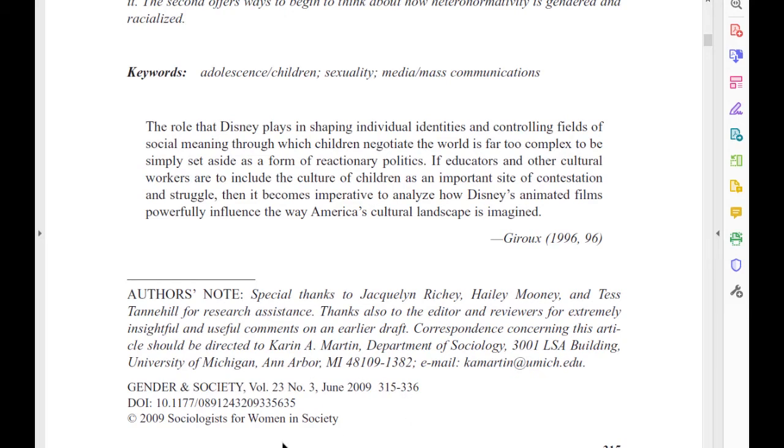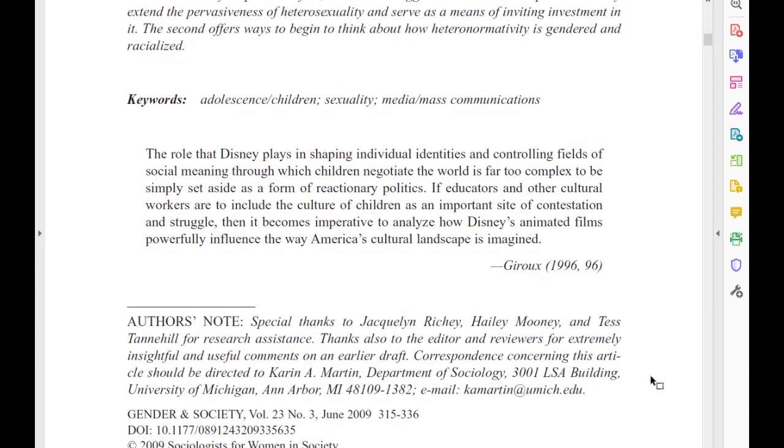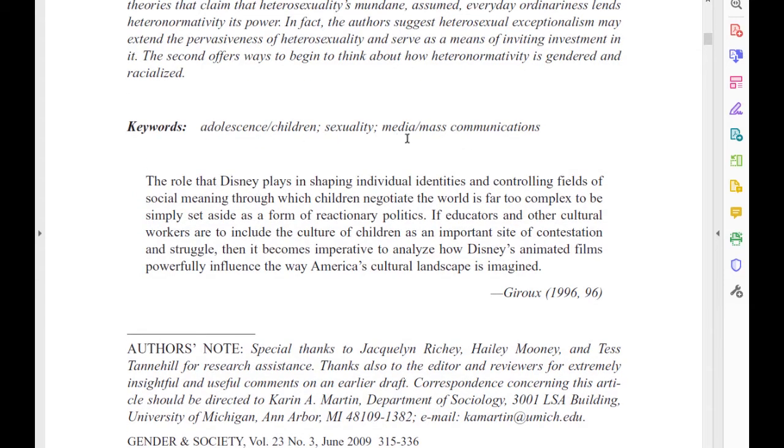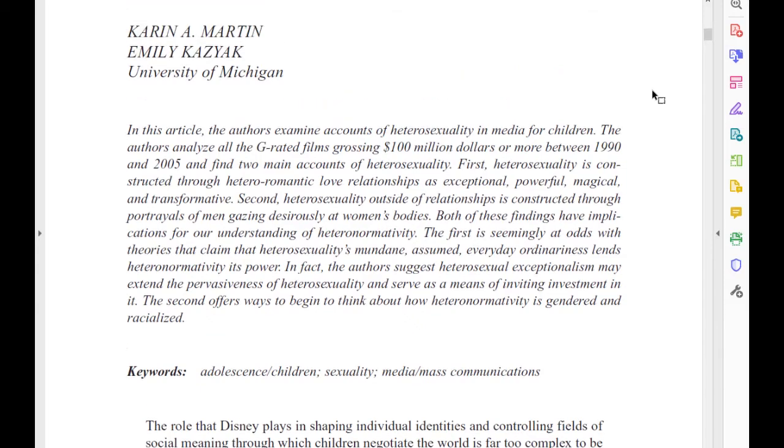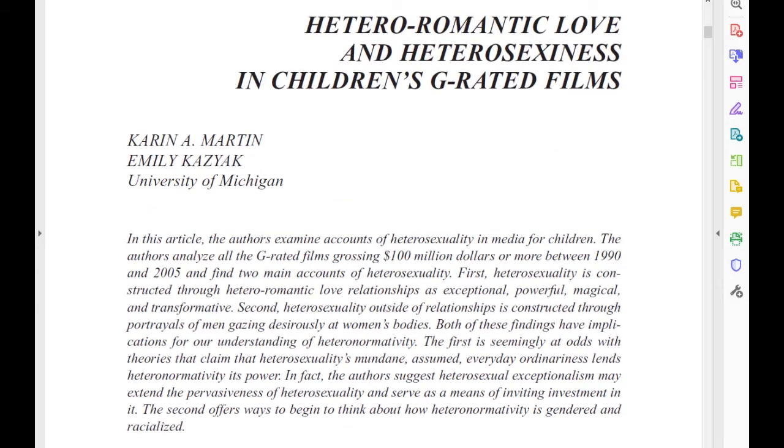So it tells us this came from Gender and Society, that journal we saw on an earlier slide. The volume number, the date, the pages, and so forth. So, everything we would need for our reference list, for instance, would be included there. And then the keywords can be helpful in helping us advance our own source search. If we're continuing to search for sources, we might see a keyword that's relevant to what we want to talk about. So all of this is important to take note of as you're initially exploring a paper.